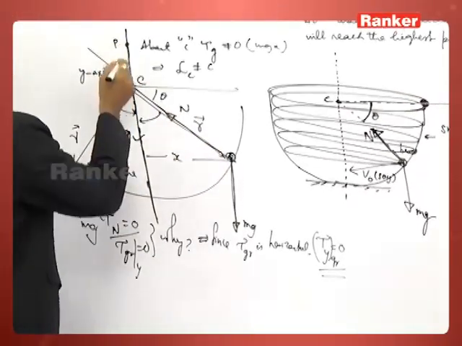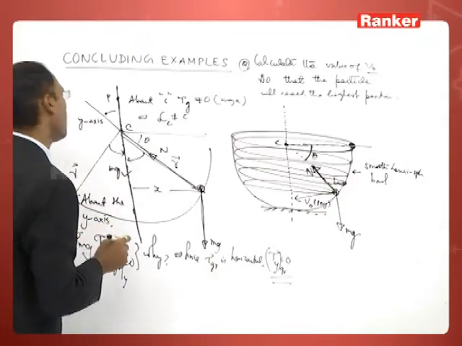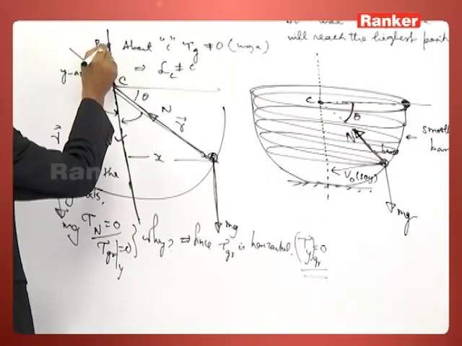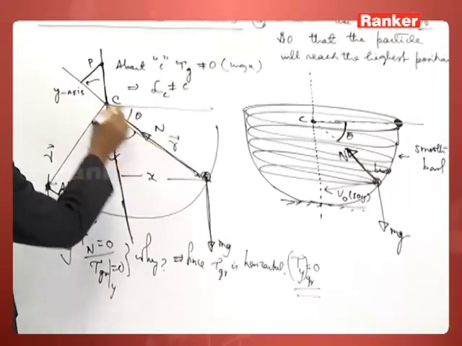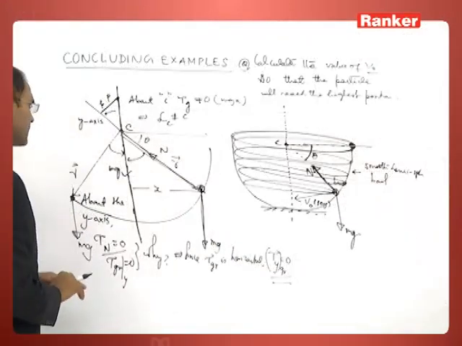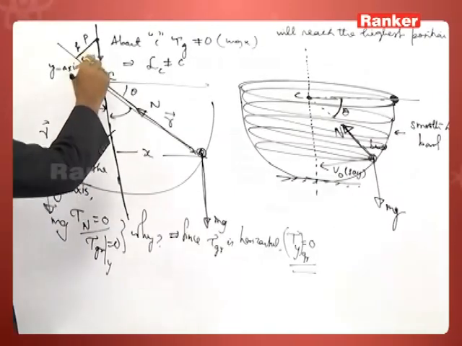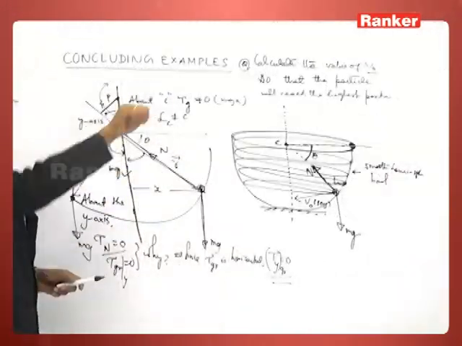About this point P, the normal reaction will offer a torque equal to the normal reaction into this perpendicular distance. The direction is in.